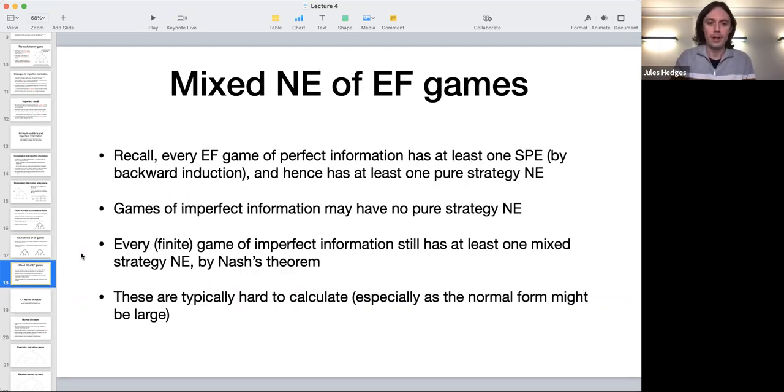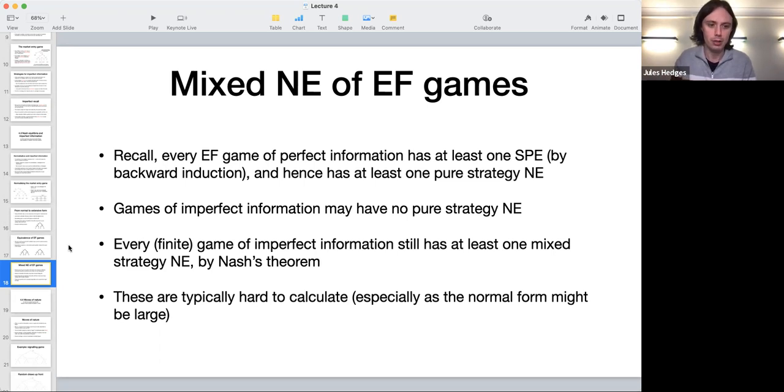Now, if you remember, every extensive form game of perfect information in the sense of last week, as long as it's finite, has at least one subgame perfect equilibrium by backward induction. And because every subgame perfect equilibrium is a pure strategy Nash equilibrium, that means that every finite extensive form game of perfect information has at least one pure strategy Nash equilibrium.